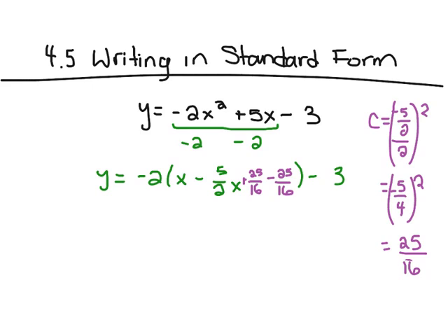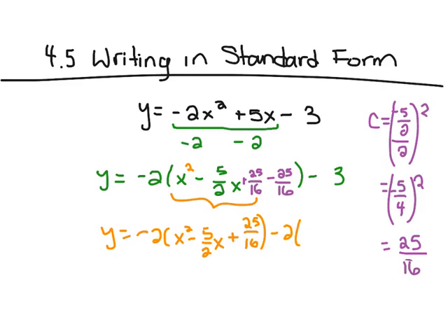Now we're going to rewrite it. y equals negative 2(x squared minus 5 over 2 x plus 25 over 16) minus 2 times negative 25 over 16 minus 3. y equals negative 2(x minus 5 over 4) squared.